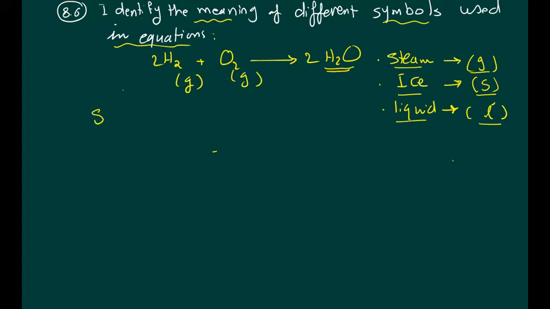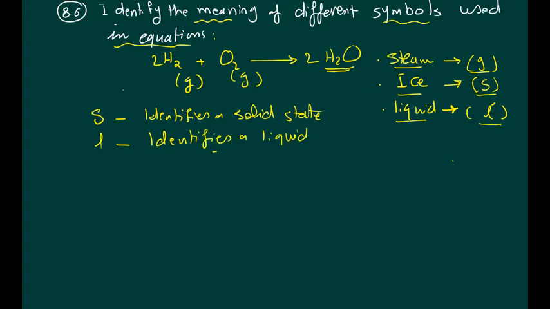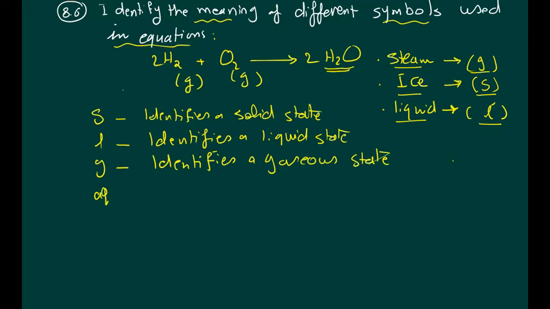So we learned 3 symbols. S identifies a solid state, L identifies a liquid state, and G identifies a gaseous state, while AQ, aqueous, identifies a solution in water.